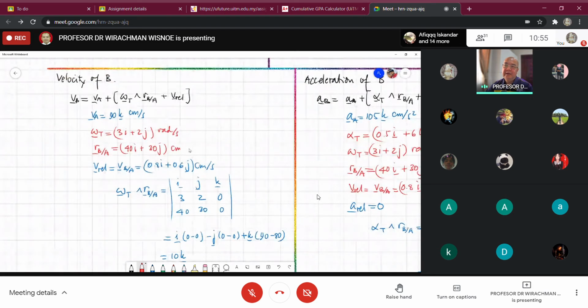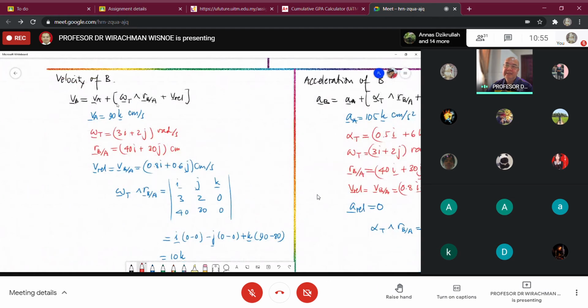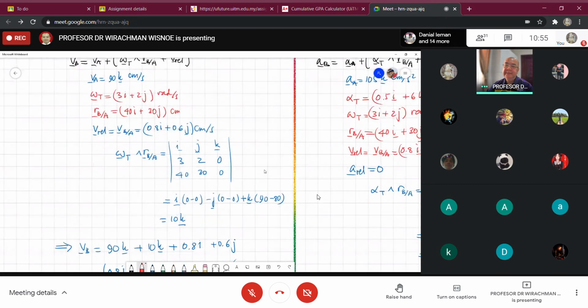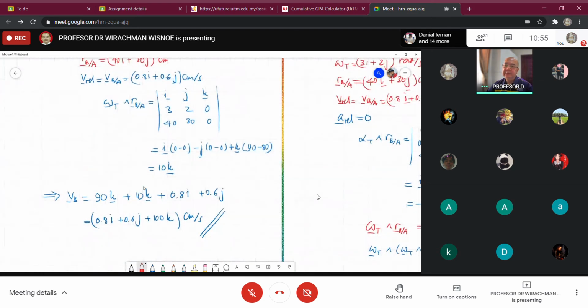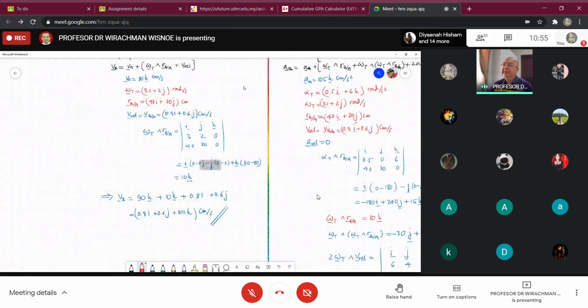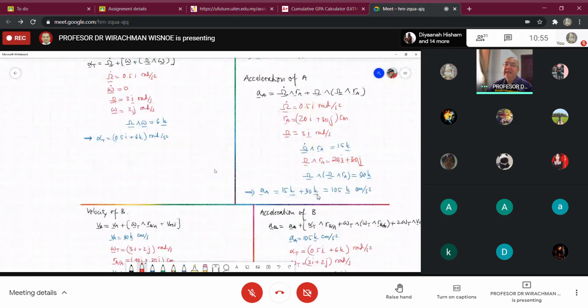If you know how to calculate this vector product directly, do it. If you don't know, do the determinant. So you can obtain that one. The same goes for acceleration.